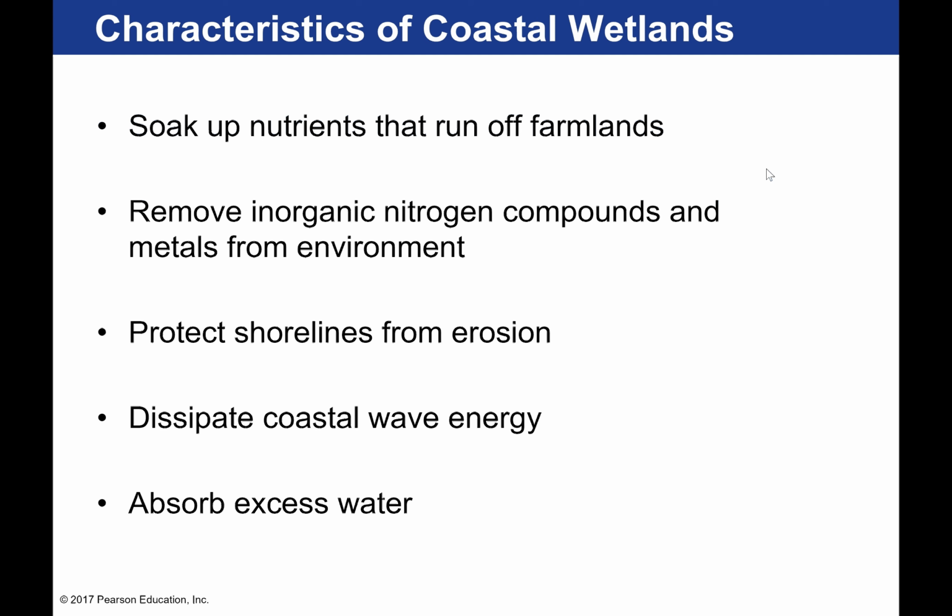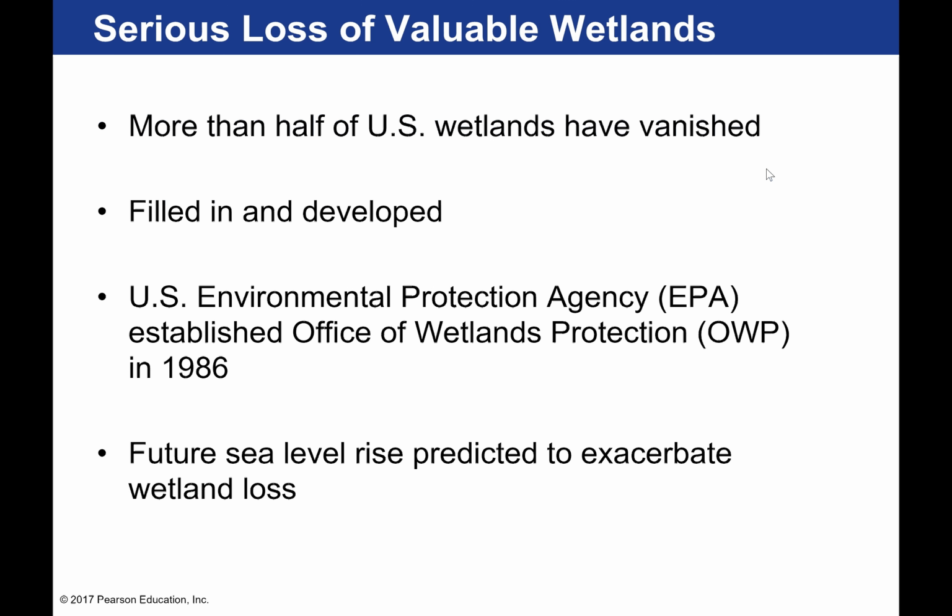They also protect the shorelines from erosion, and I've mentioned this before. They are that first line of defense against hurricanes and tsunamis because they help dissipate that wave energy. And they also absorb excess water. So if you have a hurricane or tsunami, it's going to soak up some of that excess water from that surge and hopefully help protect the mainland areas.